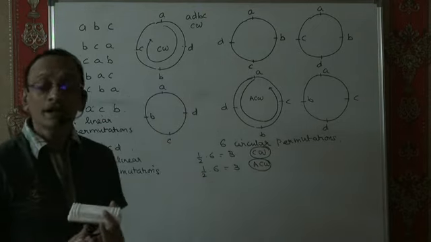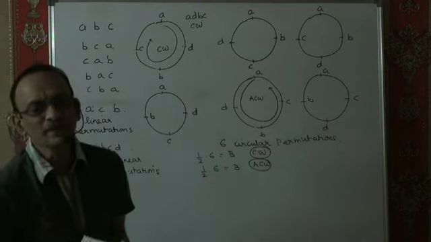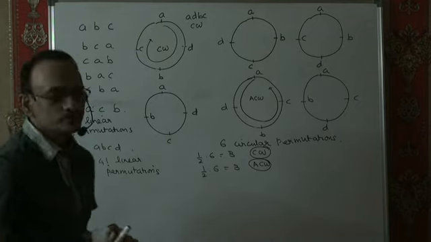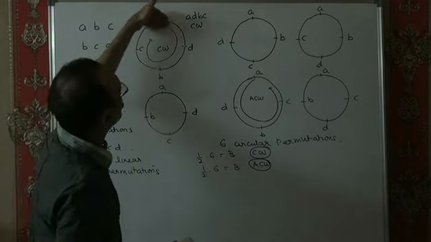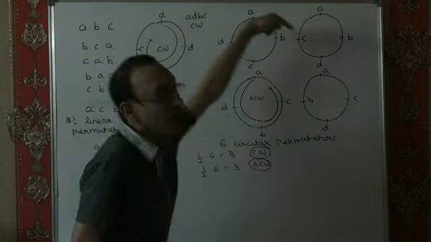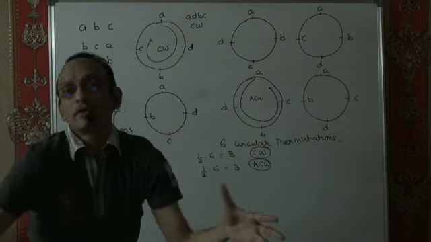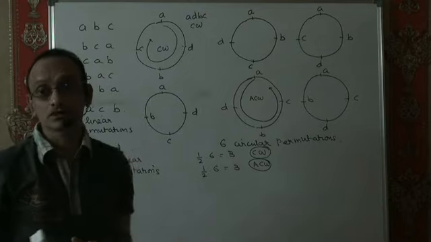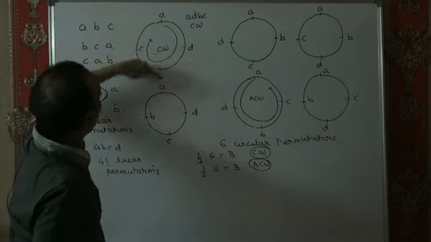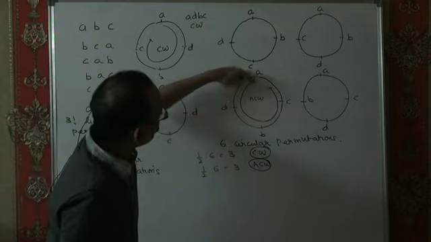Now, one thing noteworthy here is that if these A, B, C, D were 4 different people to be arranged around a circular table, then this ADBC would be different from this ADBC.